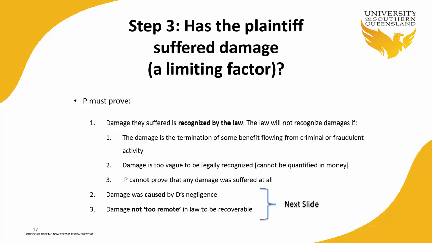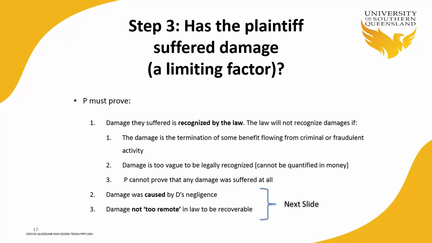There's also the idea that damage would not be recognized if it's too vague, too vague to be legally recognized. So you can't quantify how much to compensate you. You are going to court and asking for compensation, but you are not able to tell us how much should be compensated, so there's no evidence to prove what the compensation should be.